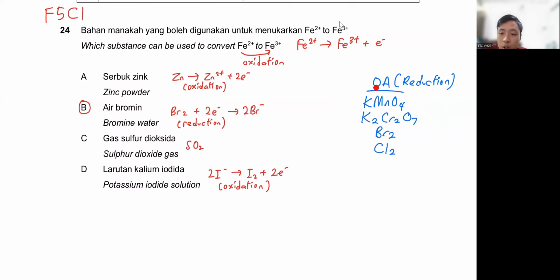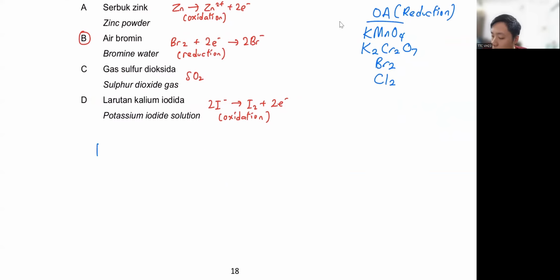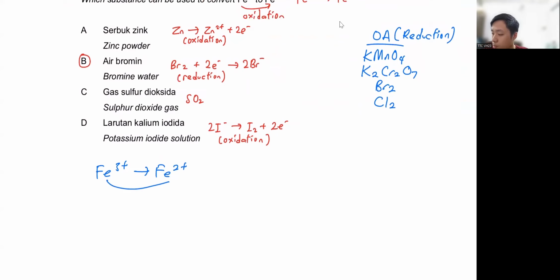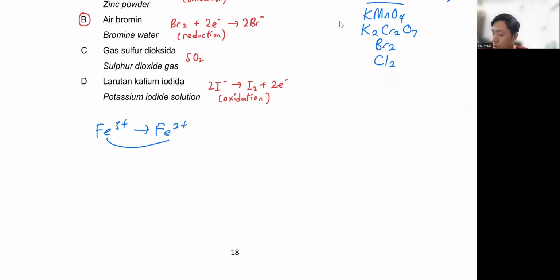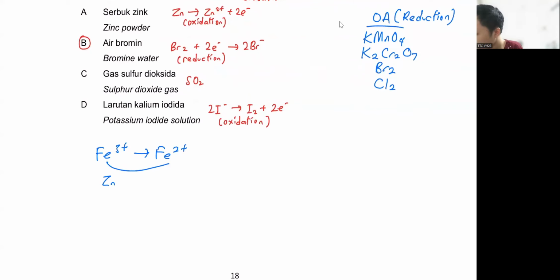What if we are talking about Fe3 plus to Fe2 plus? What do you need? You actually need zinc, a reducing agent.